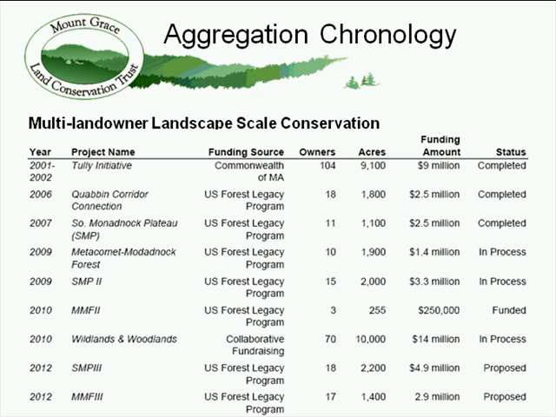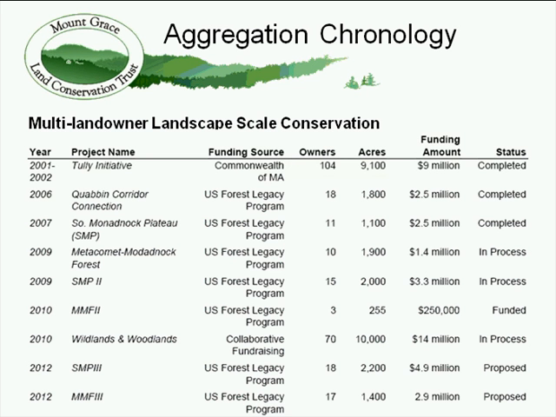And if you haven't done landscape scale conservation before, and there's a question that will be posed and you'll have a chance to answer, but if you haven't done landscape scale conservation before and you want to do it, I encourage you to just do it, because your organizational capacity will be developed through doing your first project, and that'll lead you on to others. As you can see, it's led Mount Grace to others.